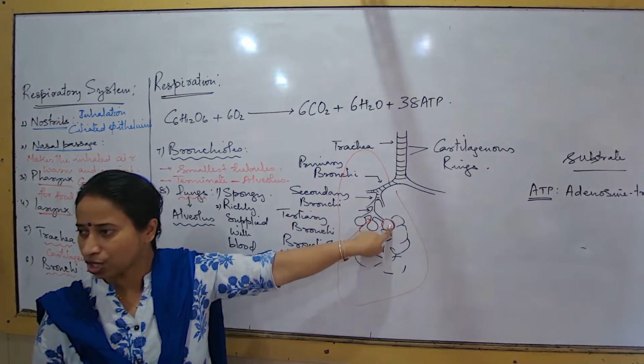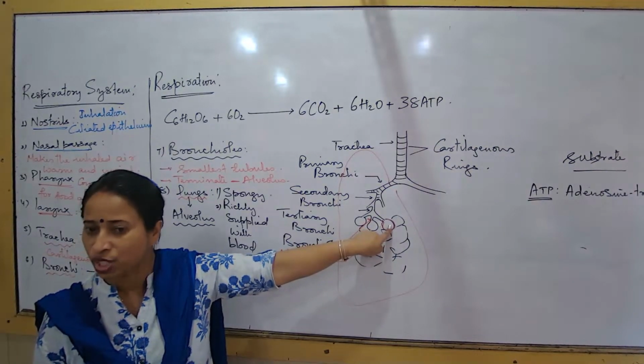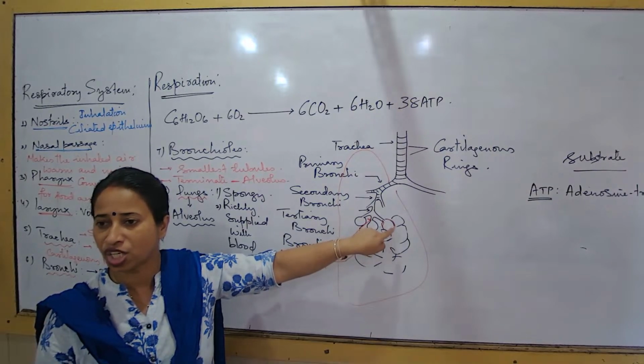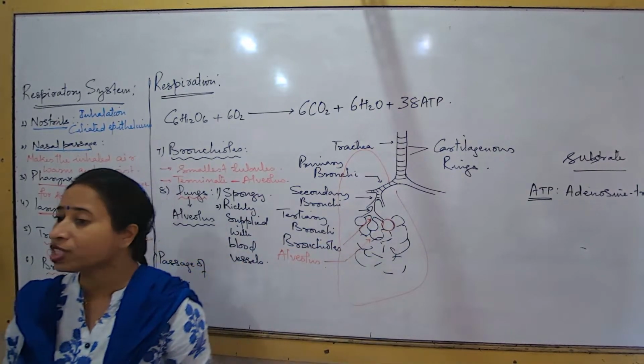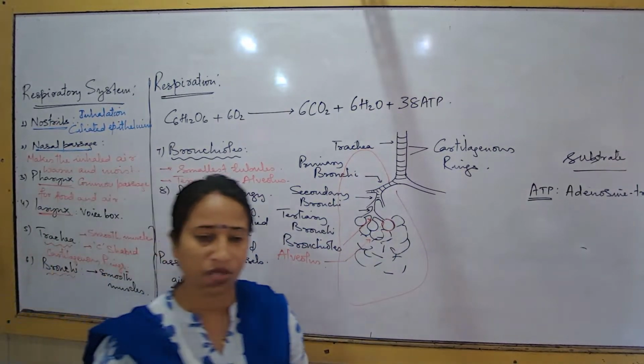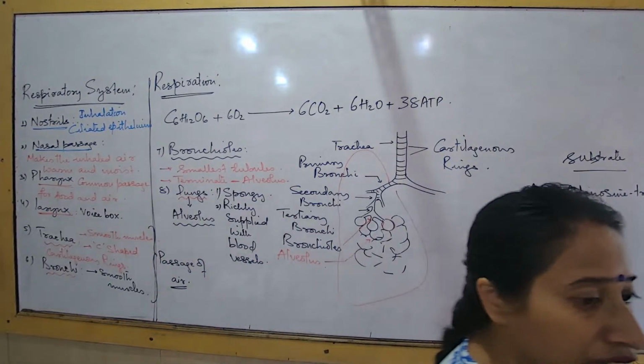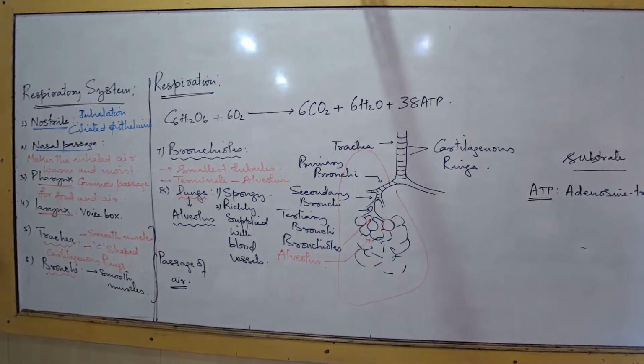So if exchange of gases has to happen at this region, these structures must have some specialized features. And the specialized features are the same as what you have studied for villus. What did you study for villus? What were the two specialized features of the villus?